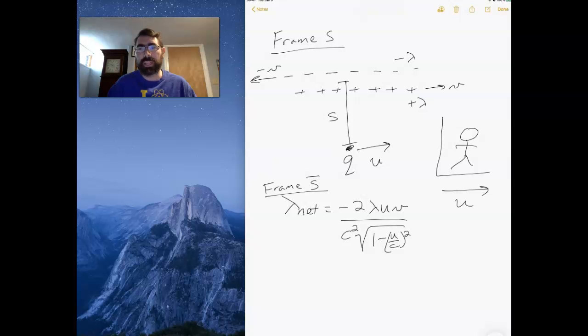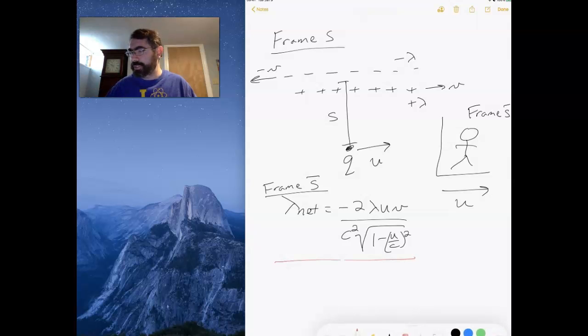In a frame S bar, where the frame itself is moving with the velocity u with respect to the line densities, the net charge is given right here.